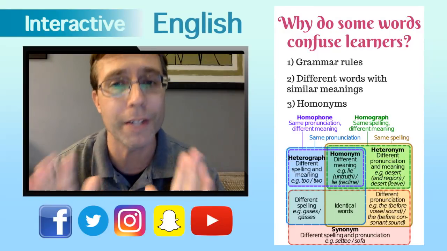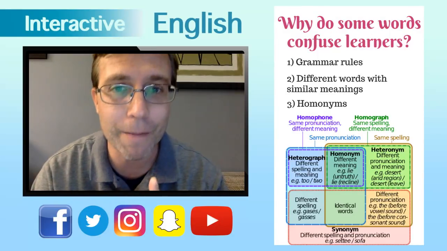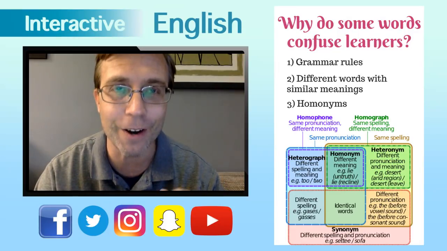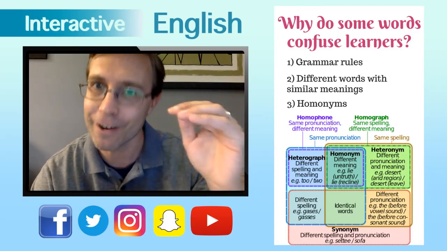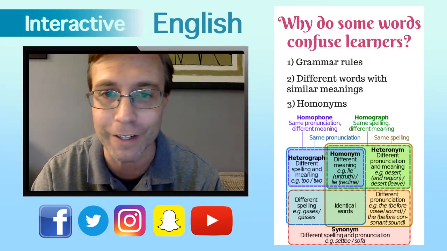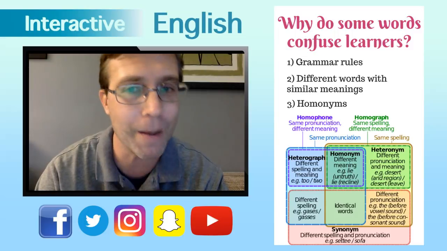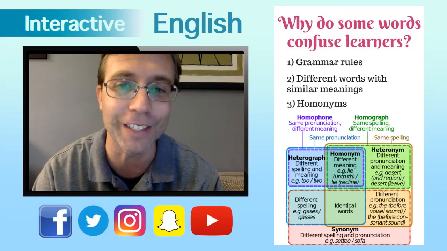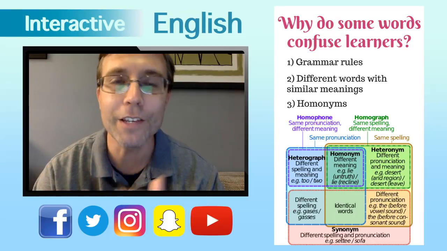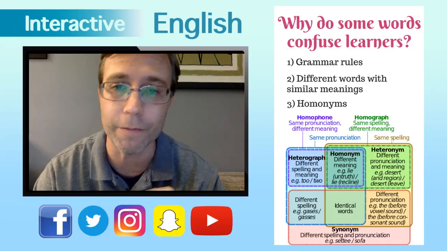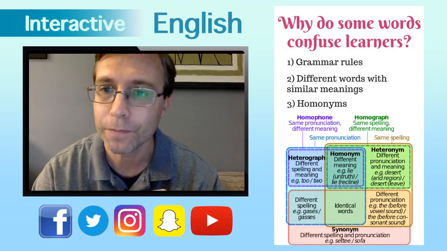That's a very broad definition of homonyms. I put that little graph down there for you because there are certain layers to it. And if you really want to get specific and learn the difference between a homonym, a heteronym, or a heterograph, you can study that a little later. But these are reasons why some words might confuse people, all right?